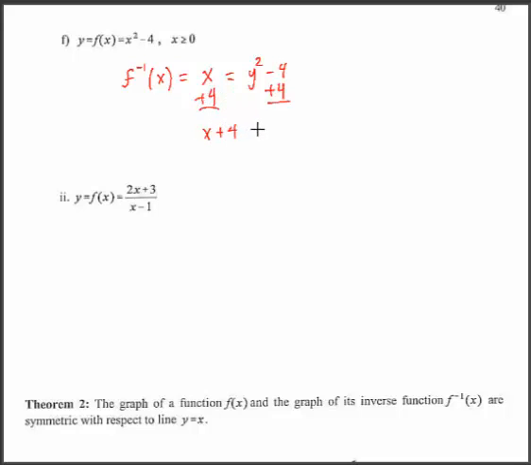Different numbers. Now I take the square root of both sides, and I am going to get y equal plus or minus the square root of x plus 4.